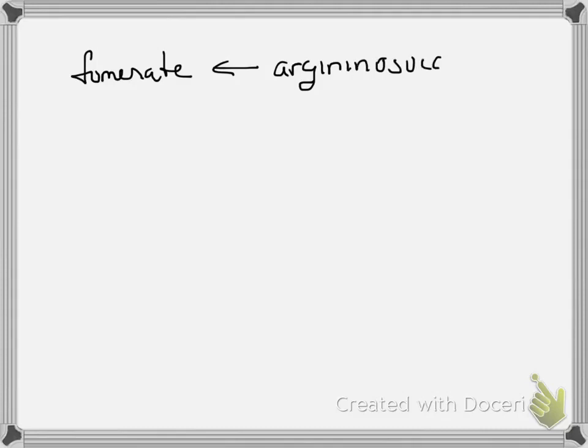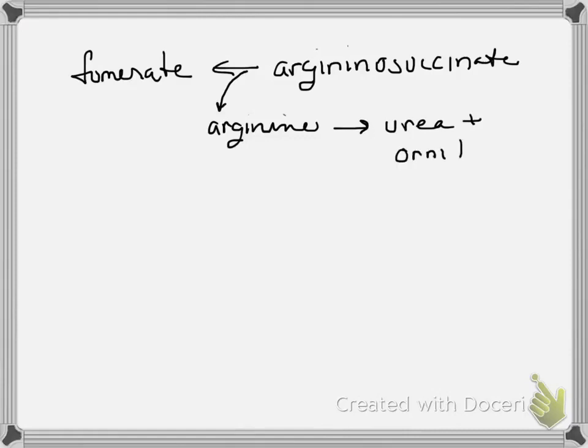Well, recall fumarate is generated from the cleavage of argininosuccinate by the argininosuccinate lyase in order to form the amino acid arginine, which goes on to form urea plus ornithine.